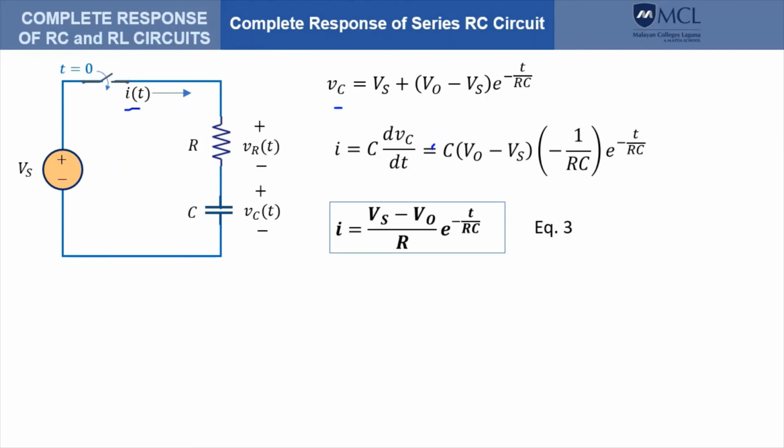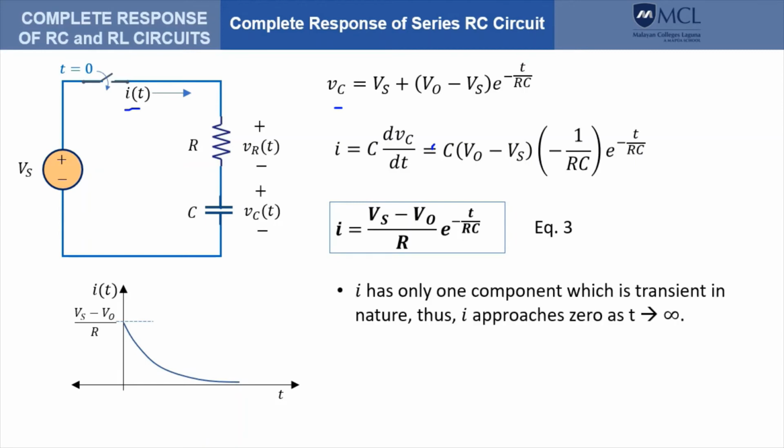We can plot I, so that is the plot of the current through the capacitor and through the entire circuit as well. This plot and this equation show that I has only one component, which is a transient component. Thus, I will vanish over time.